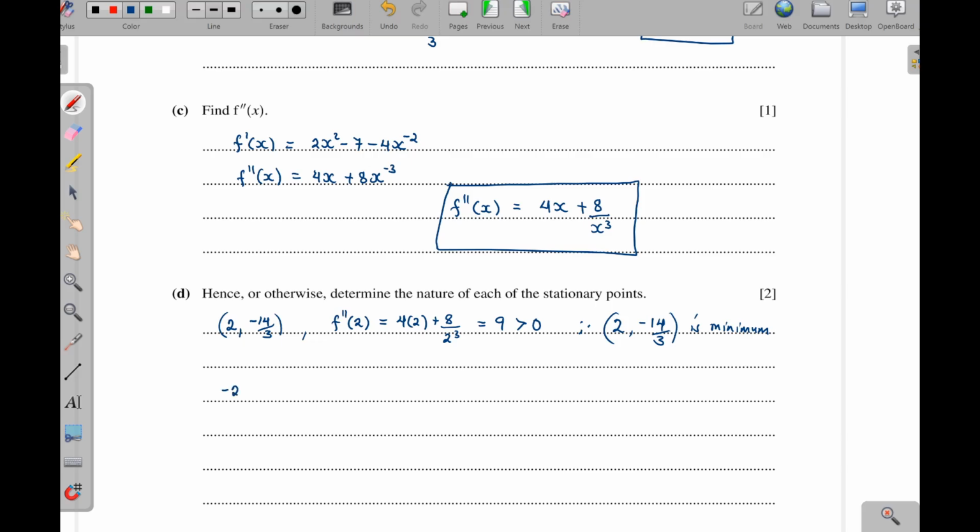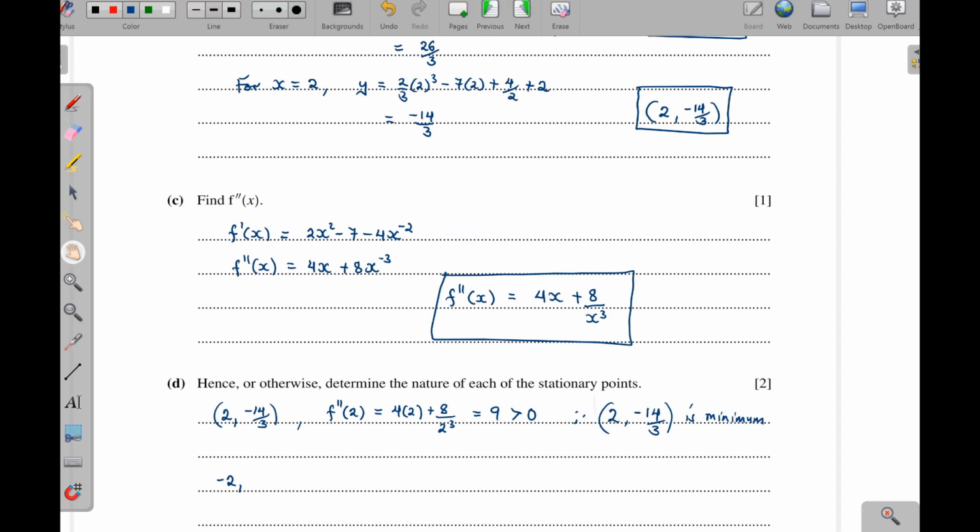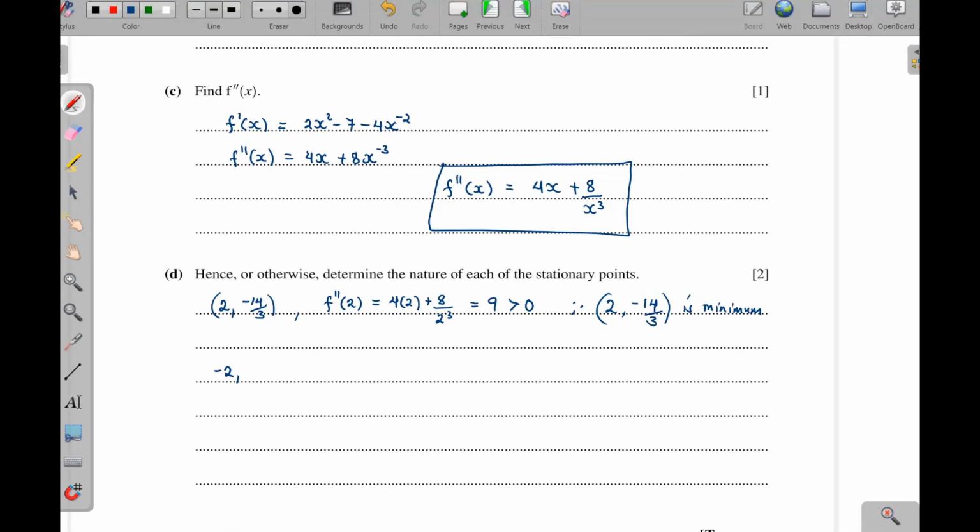And then negative 2, 26 over 3 is the other one. So we have the f double prime of negative 2. You just put the x coordinate, okay? So this will be 4 times negative 2, which is negative 8, and then plus 8 over negative 2 cubed.